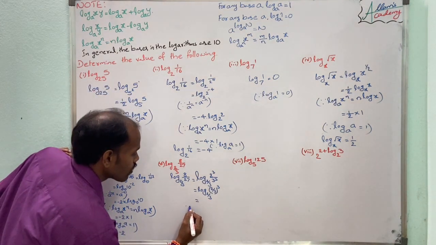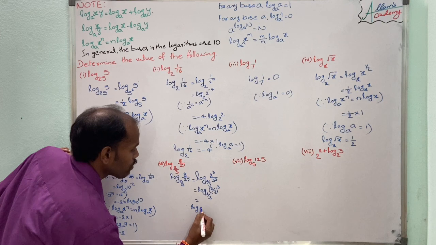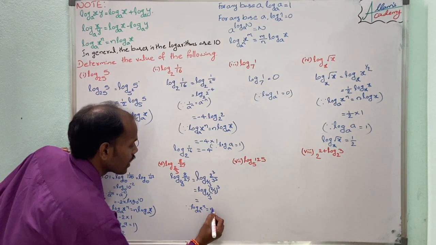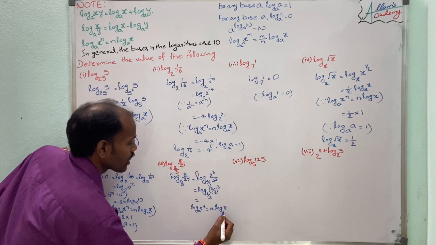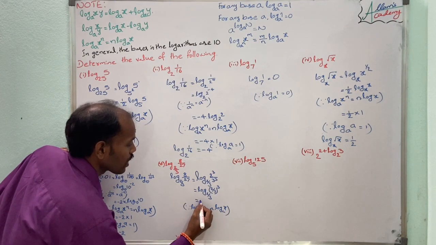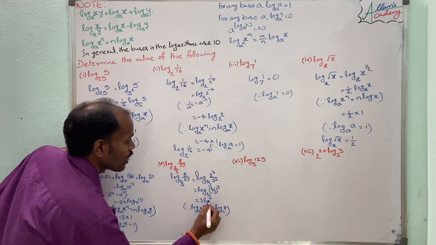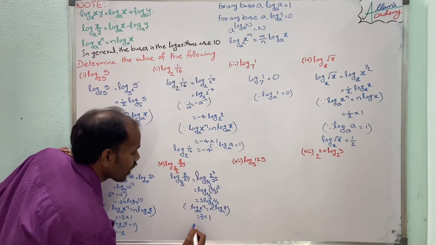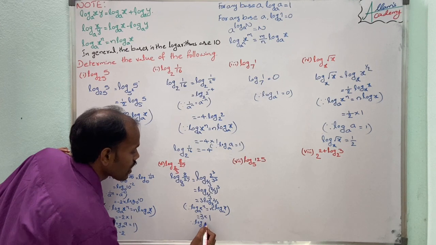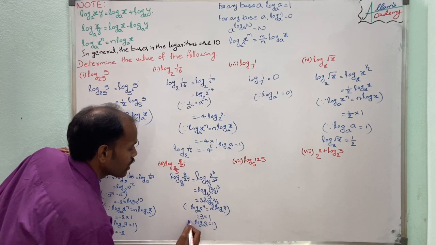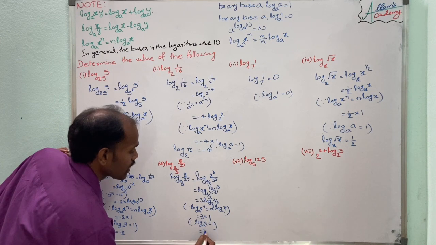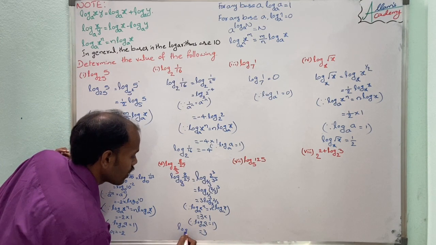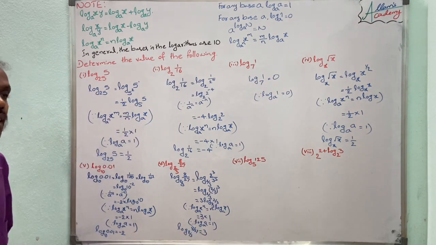Now it is also in the form of log x power n base a, that equals n into log x base a. So by using that formula, 3 into log 2 by 3 base 2 by 3. We know log a base a equals 1, so log 2 by 3 base 2 by 3 equals 1. 3 into 1 is 3. So log 8 by 27 base 2 by 3 is 3.